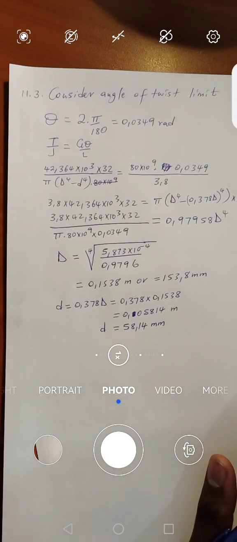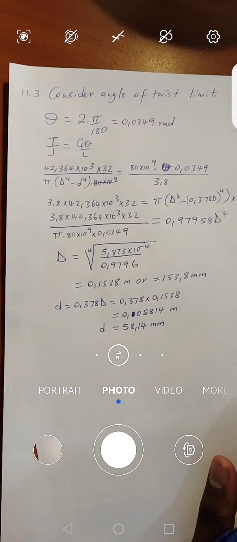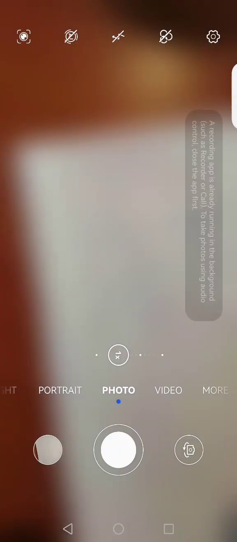Right. These are the dimensions for the shaft considering the angle of twist. So what does it mean?